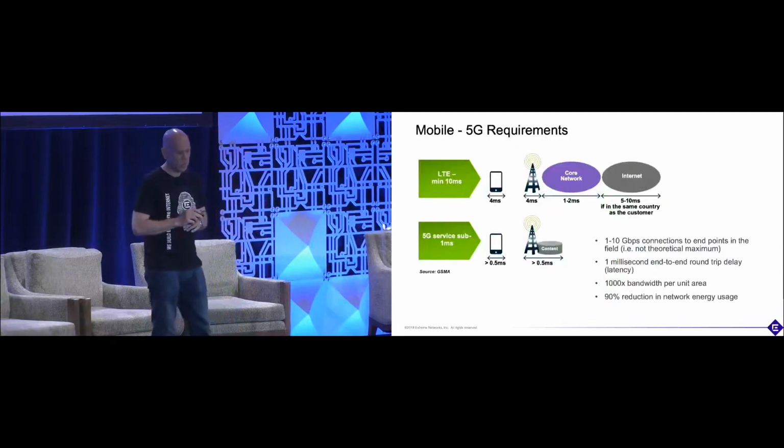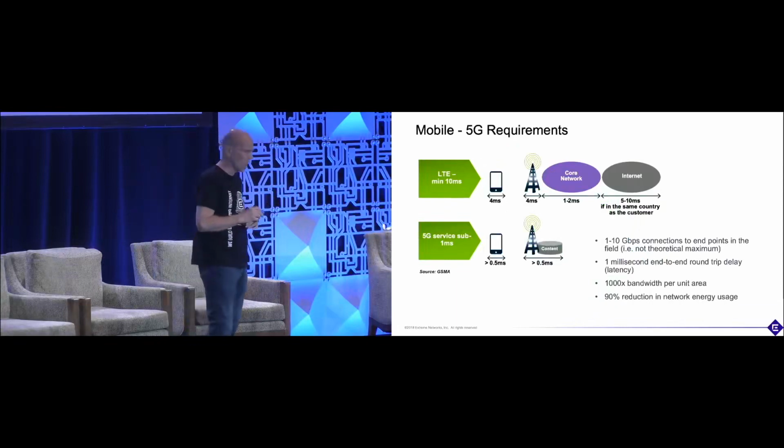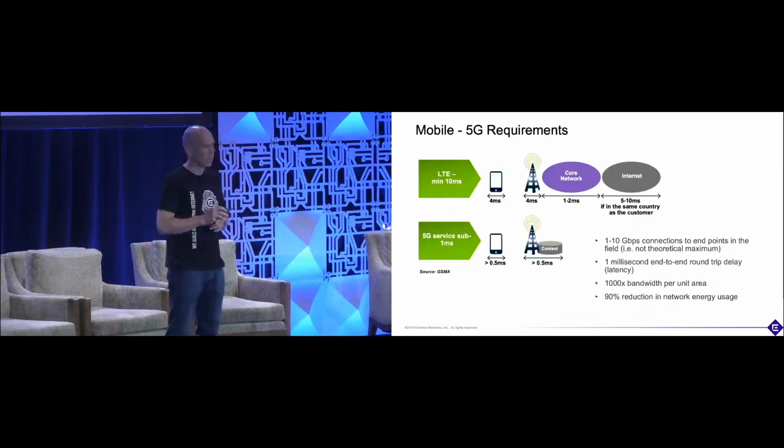So to put it into some context, again comparing the LTE and 5G. As you can see, this goes into the latency. I think I made my point already with the use case for the autonomous cars. But the fact is that you start to break up the network into different parts with 5G compared to the previous networks.